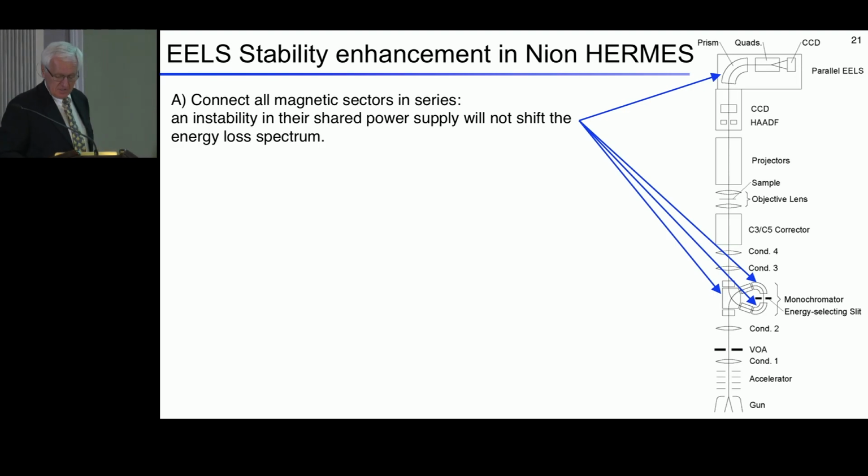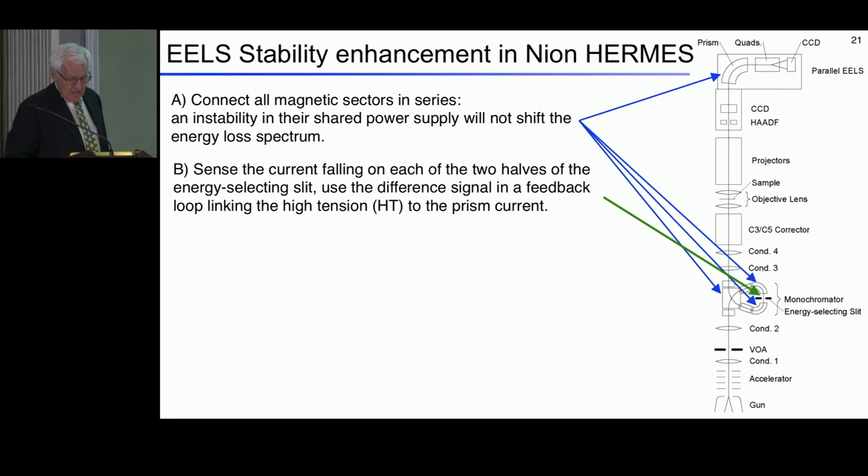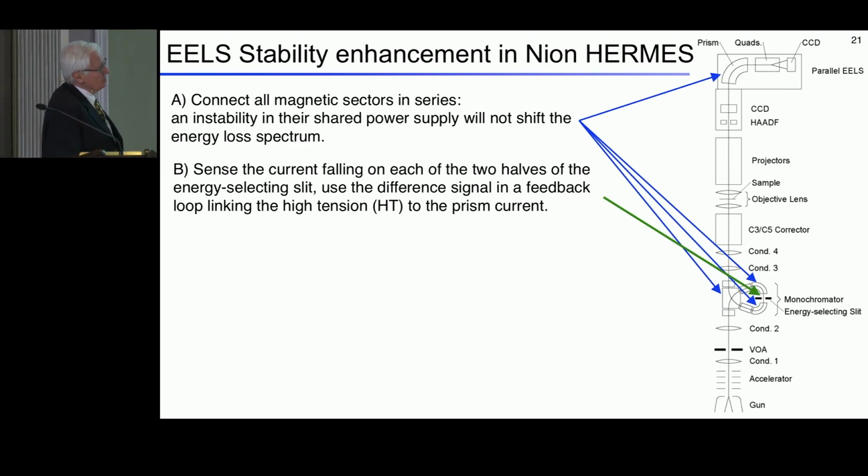So you can stabilize things very nicely that way. And then you're not tied to the high voltage coming from the electron gun. So what you could have is there's a zero loss peak on this monochromator slit. It could wander off because the energy that you're sending in does not correspond to the energy that the monochromator is selecting.